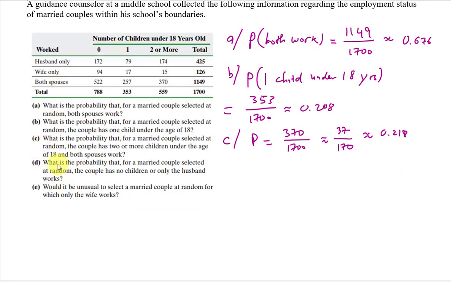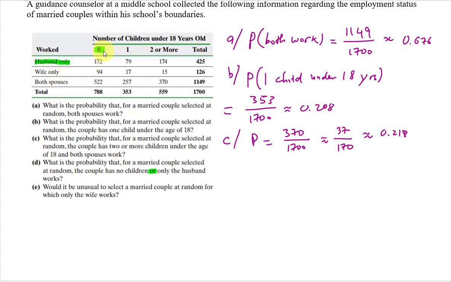The next part is: what is the probability that for a married couple selected at random, the couple has no children or only the husband works? Pay very close attention to this part. This is OR. So no children, that means 0, or only the husband works.